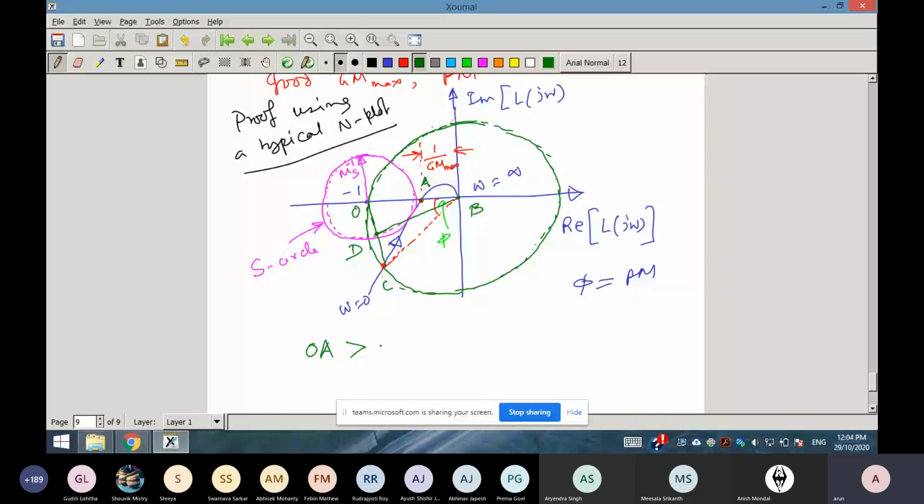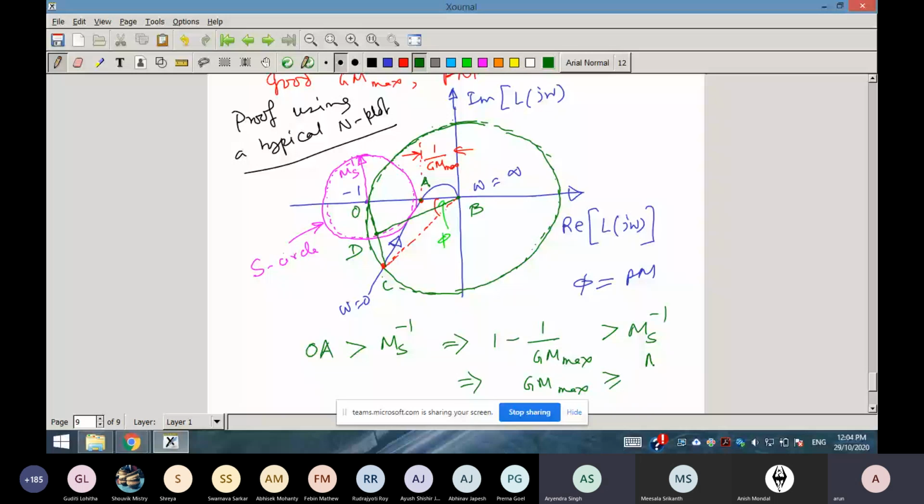This implies 1 minus OA is what? OA is 1 by 1 minus 1 by GM max, greater than MS inverse. So from here you will get GM max is greater than or equal to MS divided by MS minus 1.